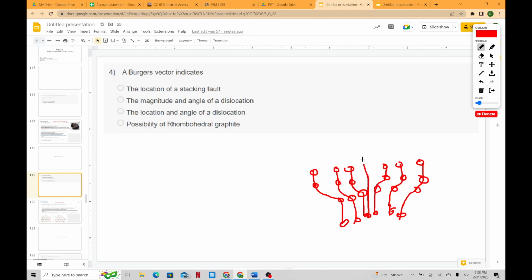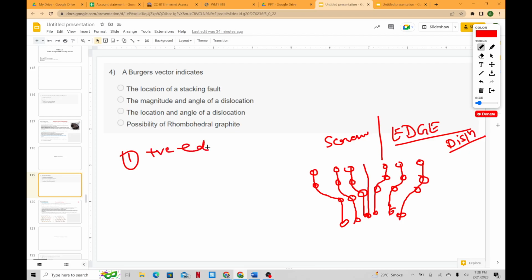I think so. How many dislocation names do you know? Line dislocation, plane, twisted planes. Have you known this word? Yes, sir. So now what is this dislocation? Edge dislocation. Yes.